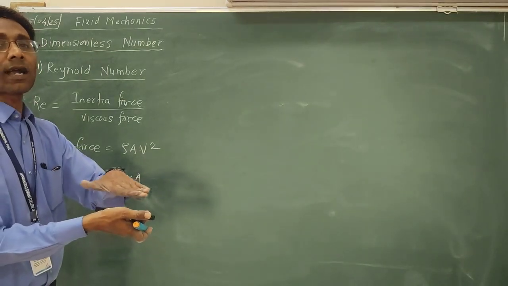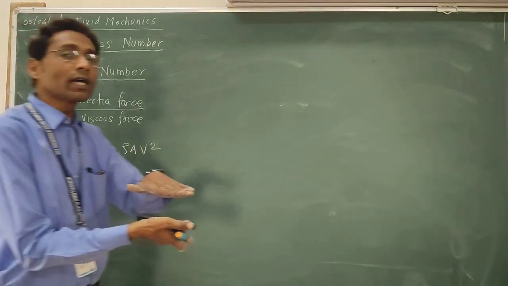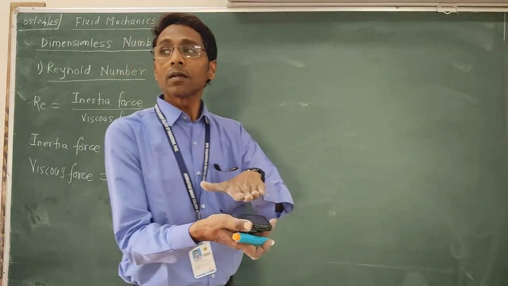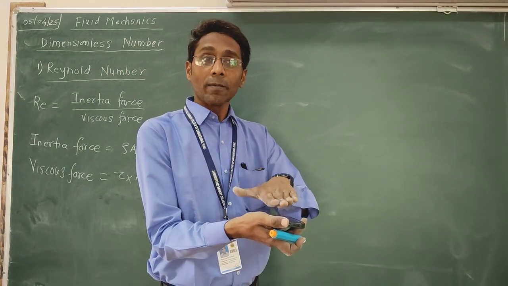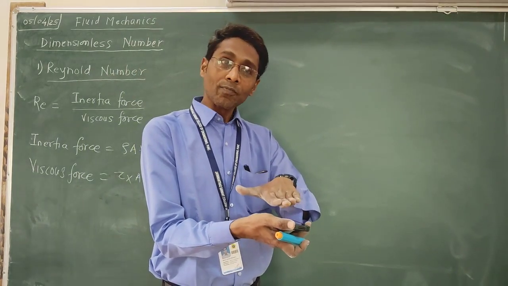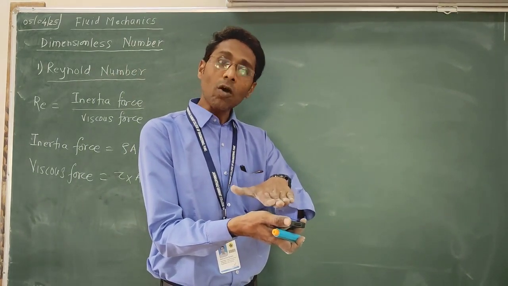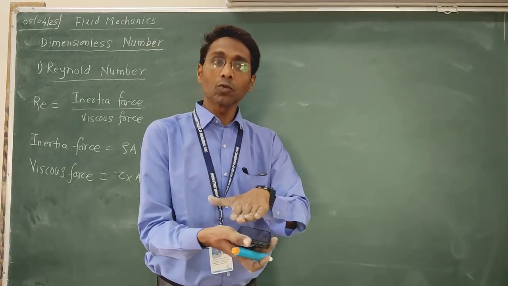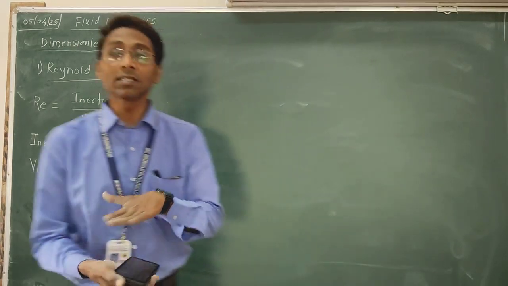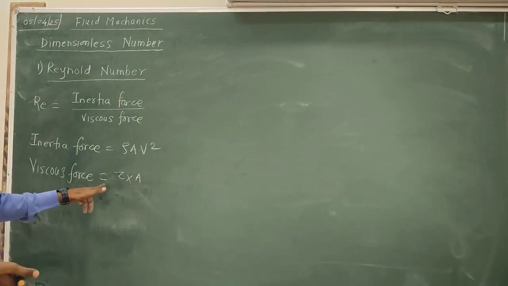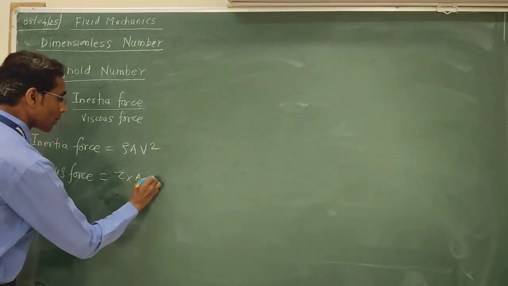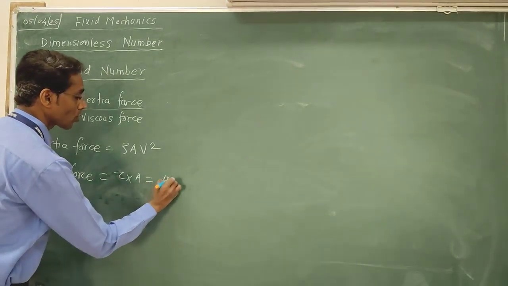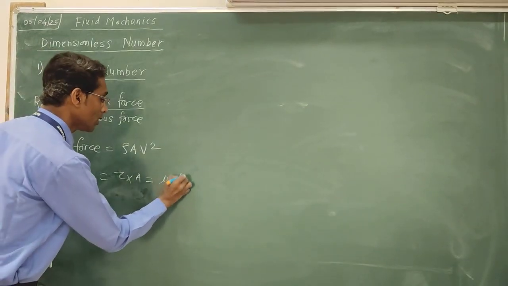When two planes are sliding over each other, or two layers of the fluid are moving over one another, there is friction between these two layers. There is some resistance offered by both layers to one another. That resistance is nothing but the viscous force. How to write it? Tau into area, and tau by Newton's law of viscosity is mu into du upon dy.